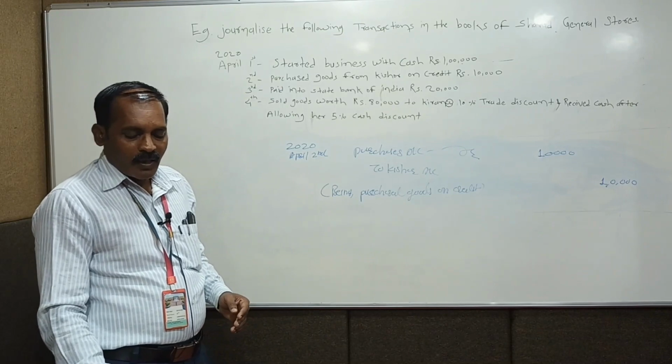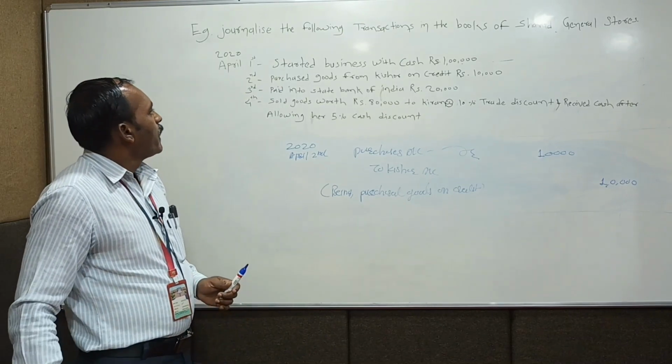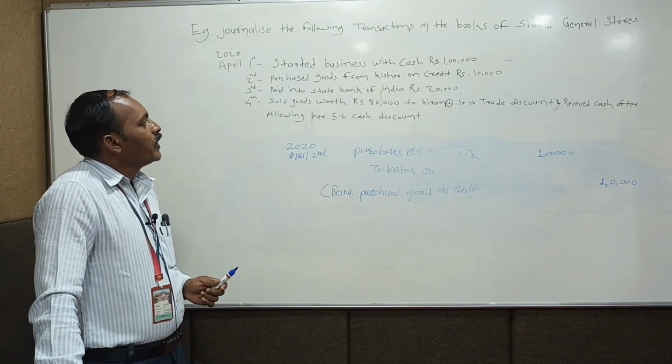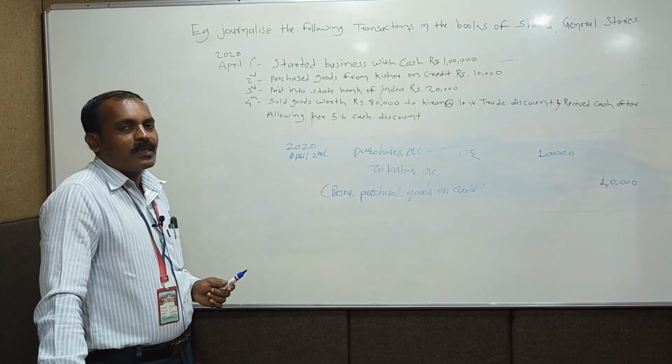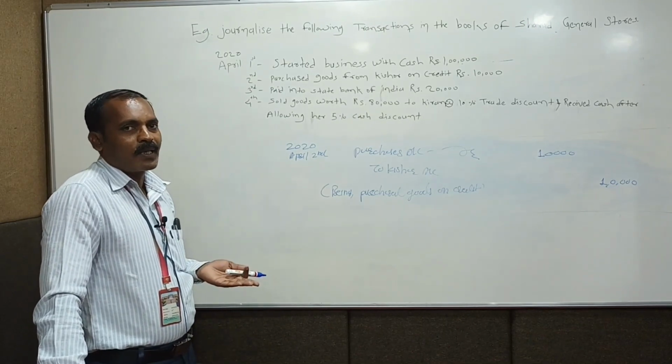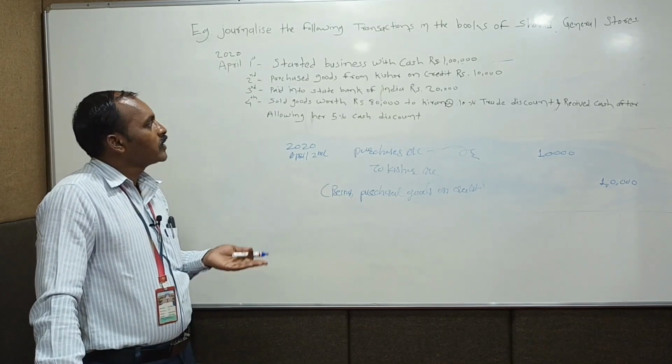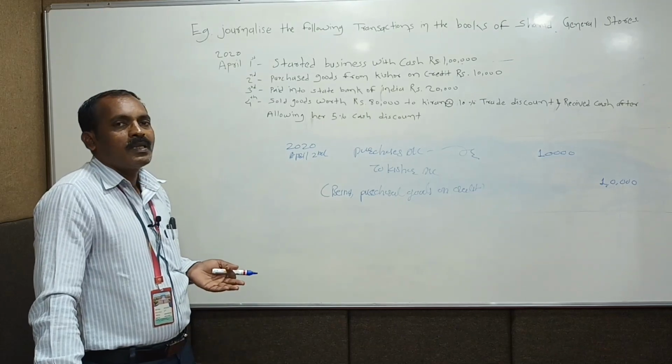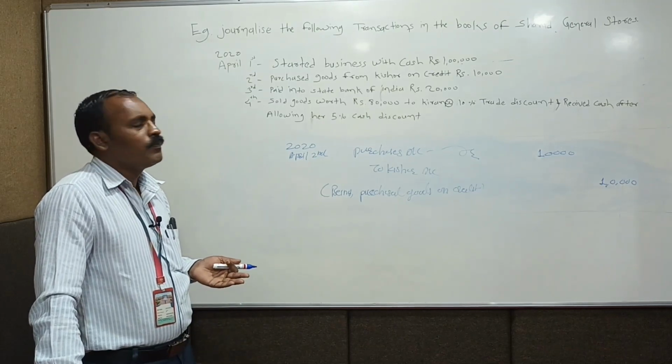Then the next transaction is paid into State Bank of India rupees 20,000, which means cash deposited into the bank. So in that transaction, two accounts are involved. First is State Bank of India and second is cash.